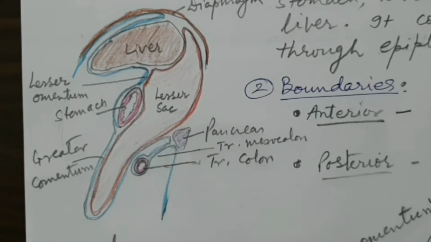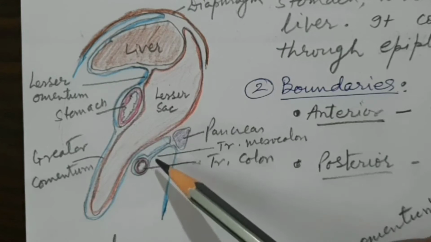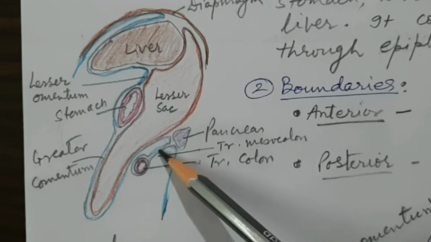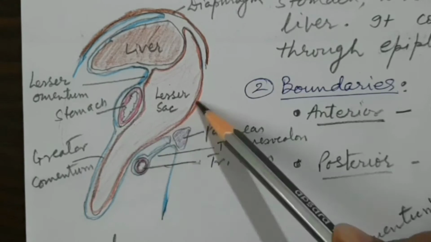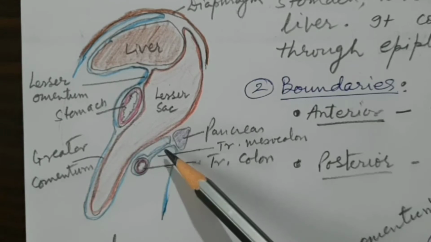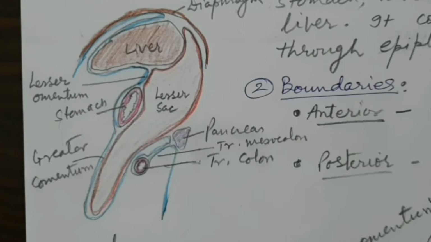That means it will pass in front of the transverse colon, which itself is covered by the peritoneum. Then it will cover the transverse mesocolon. So these are all posterior boundaries. Then it will cover the pancreas, the body of the pancreas.